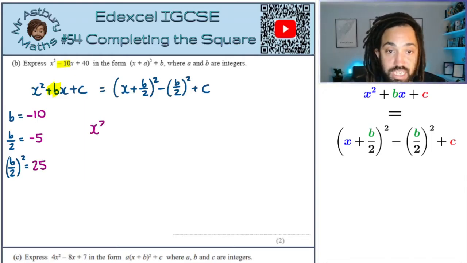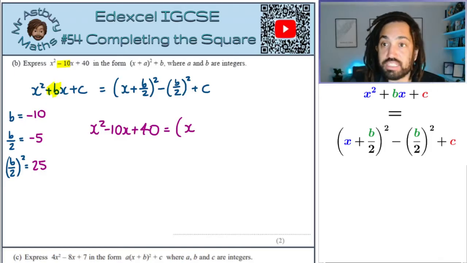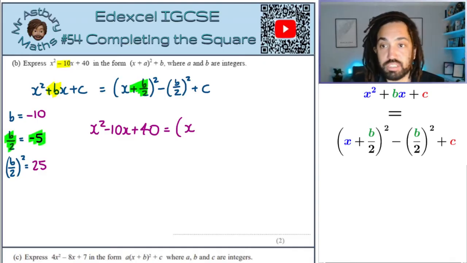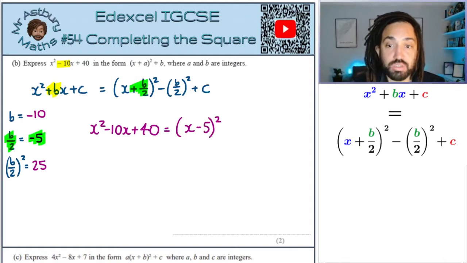And I can just write that x squared minus 10x plus 40 is equal to, open brackets, x, and then plus a half b? Well, it's minus 5. So I can just write inside that bracket minus 5 squared.